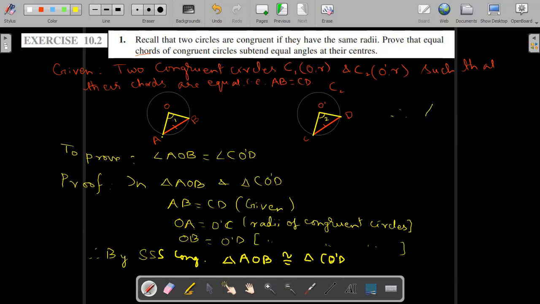Therefore, we can say that angle AOB will be equal to angle CO dash D by CPCT. Okay, hence proved.